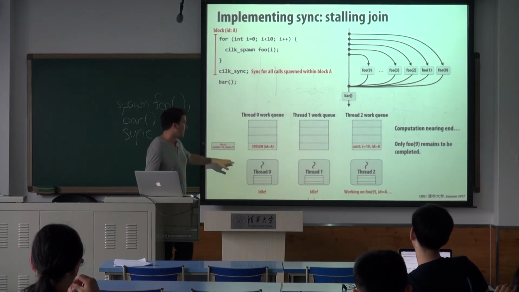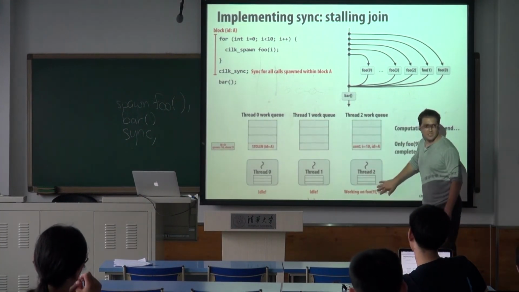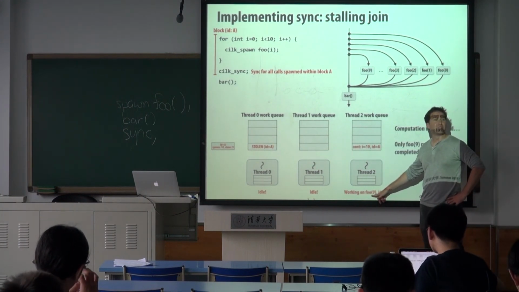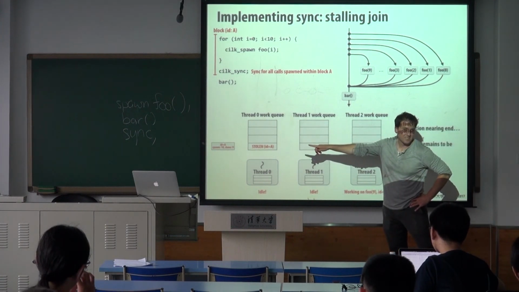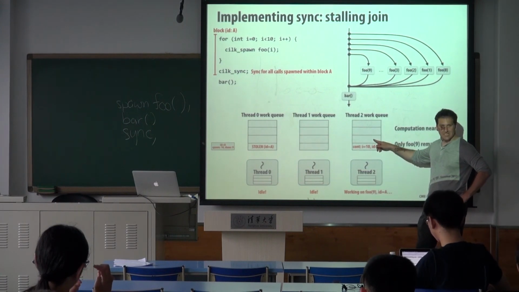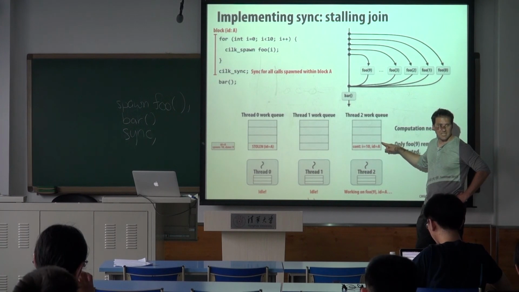So let's say we get to the very end, and all processors are done with their work. Thread 2 is working on foo 9. Notice that spawn is 10, done is 9. Whenever this thing completes, then we notice that spawn is 10 and done is 10.